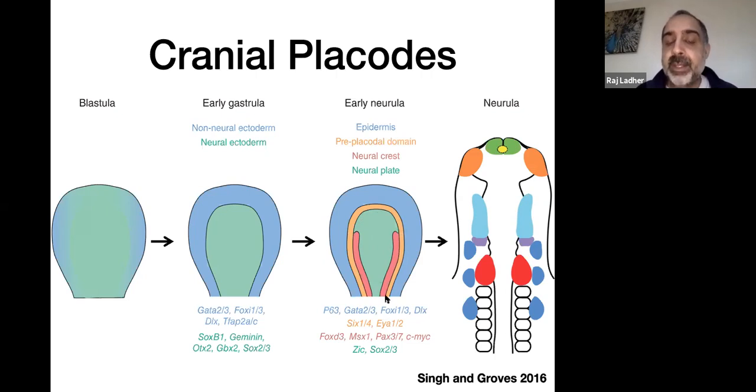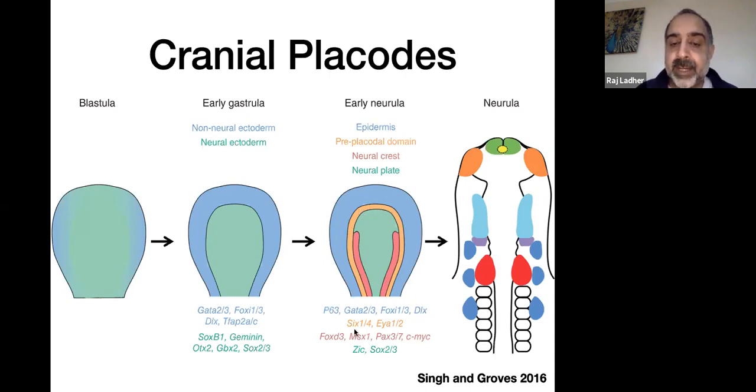This whole strip of ectoderm that surrounds the neural plate, which will form the CNS, seems to be competent to give rise to cranial placodes.